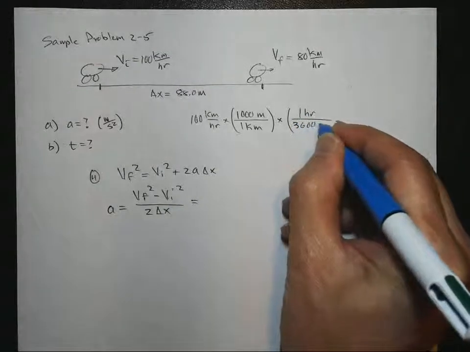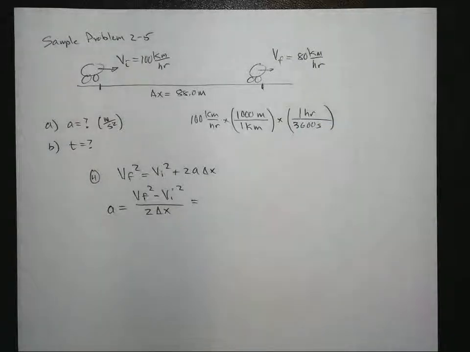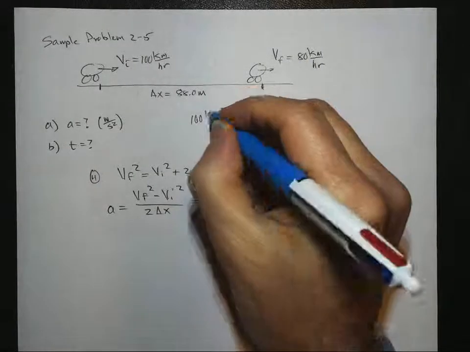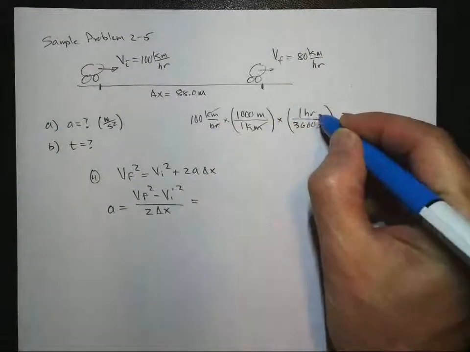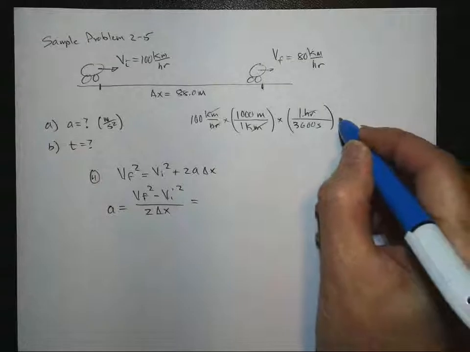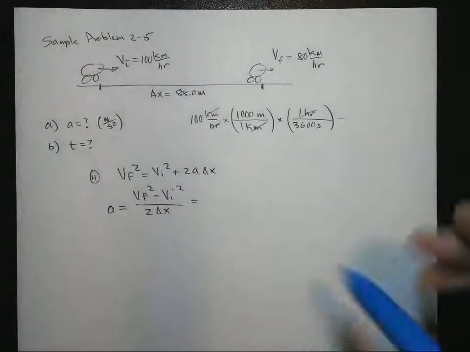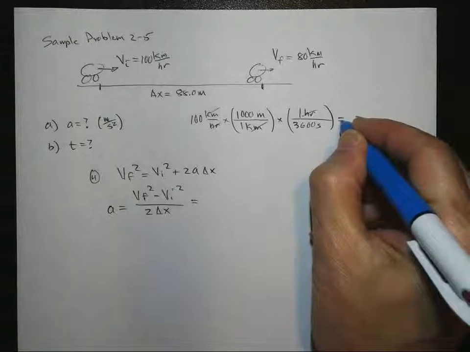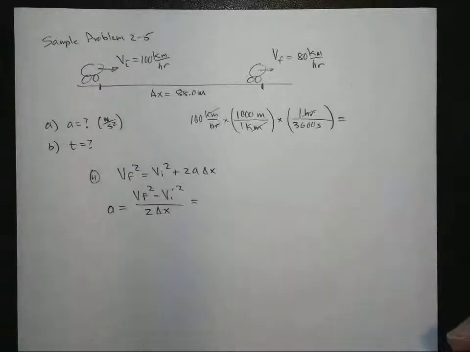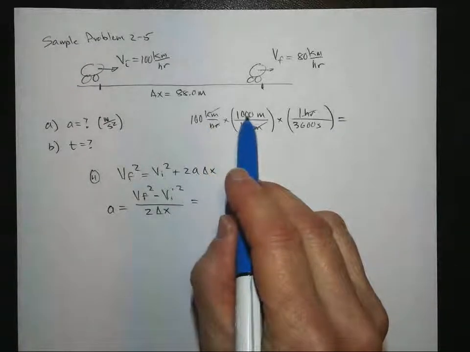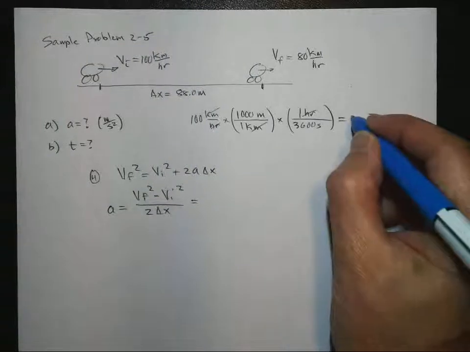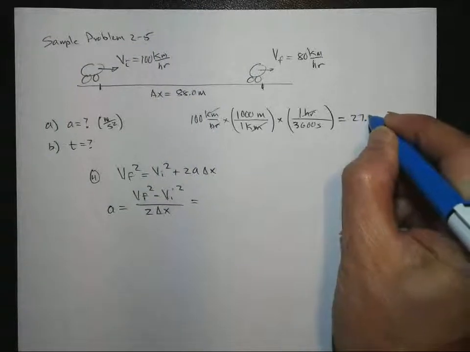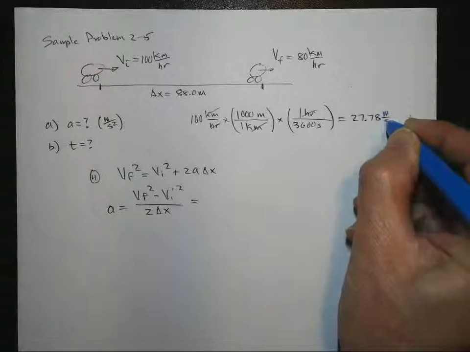So we set this one up like so. You can see that the kilometers will cancel, and the hours will cancel, and you end up with units of meters per second, the equivalent in meters per second of 100 kilometers per hour. So we take 100 times 1,000 divided by 3,600. We'll find that the velocity of 100 kilometers per hour equals 27.78 meters per second.